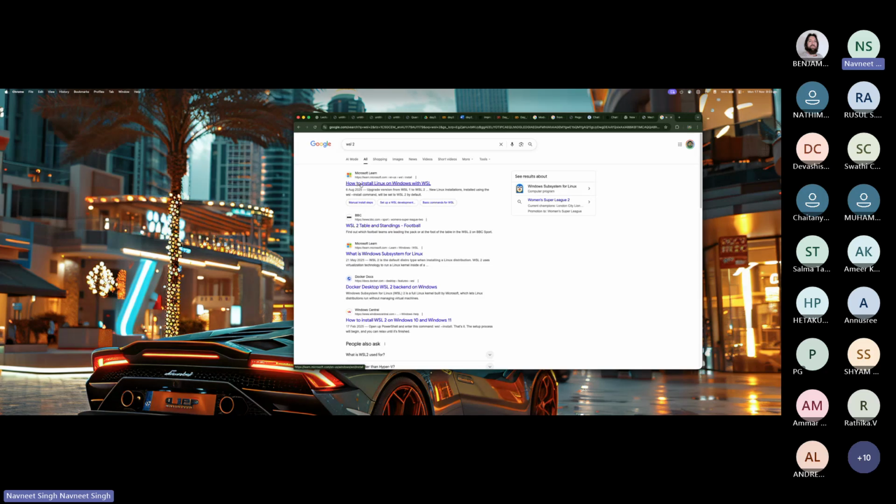It will create a virtual machine kind of thing, and it will help you do whatever you want through Linux. But only use Linux if you want to use a GPU. Otherwise, it does not make any sense right now. If you have a GPU with you, go for it. Any question?